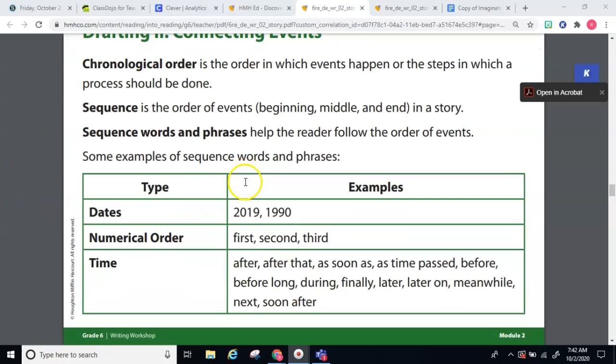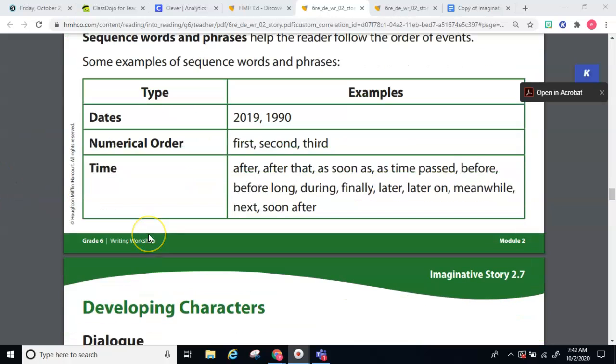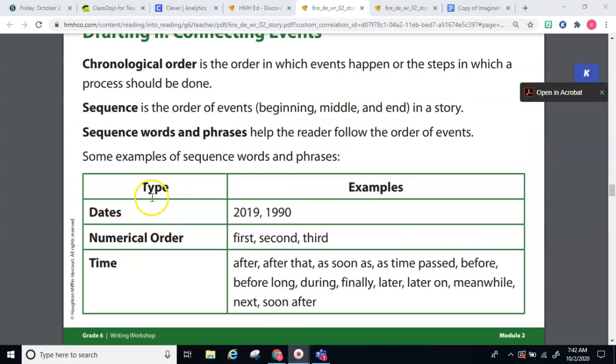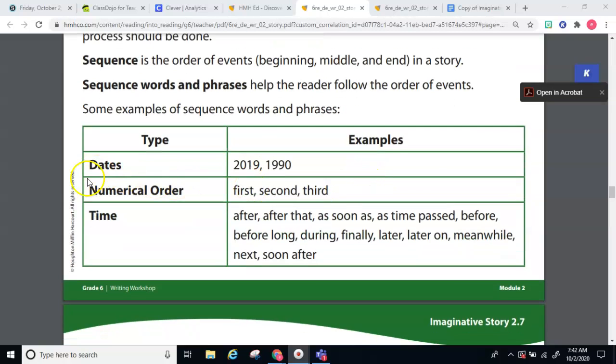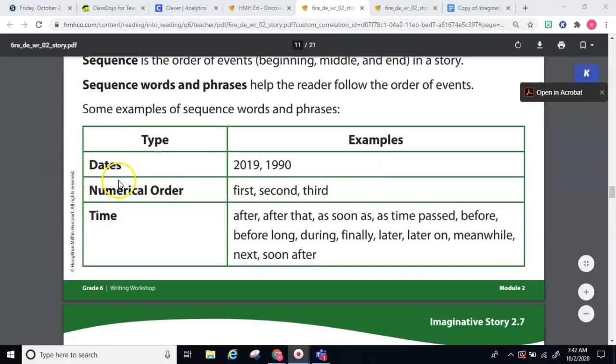Alright, so we have some examples of sequence words and phrases. So if you're going to use dates, here are examples: 2019 or 1990, right? And if we were using these dates, you would put 1990 first because that comes before 2019.